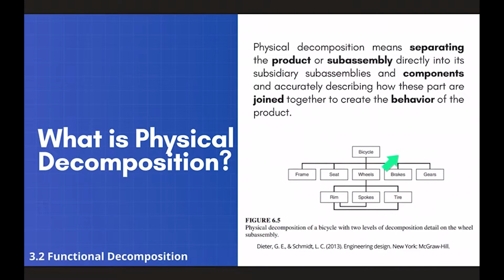For example, in this figure, this is the bicycle, and this is the figure related to physical decomposition, where we can see how parts in the bicycle are being separated or divided into their components or parts.